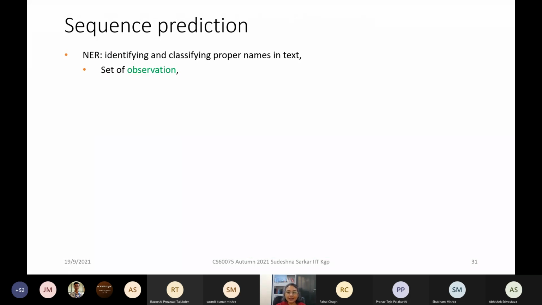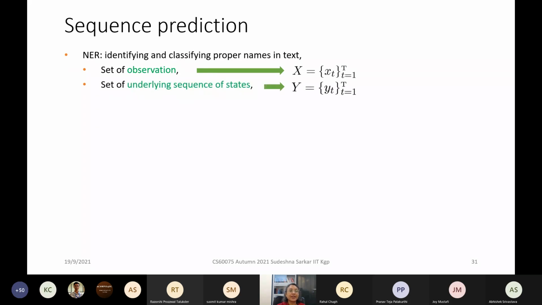Now, with this brief background, let us see how this can be used for sequence labeling tasks. Just to look back, in a named entity recognition problem, we want to identify and classify, suppose, the proper names in the text.